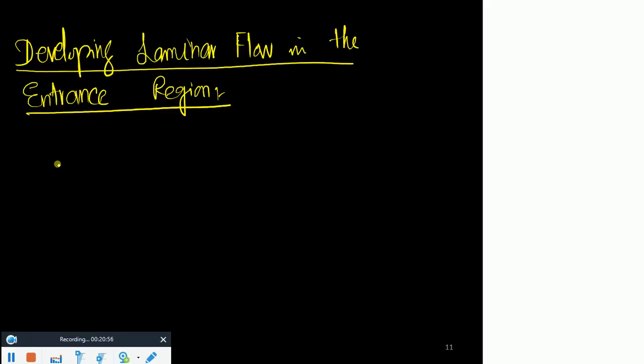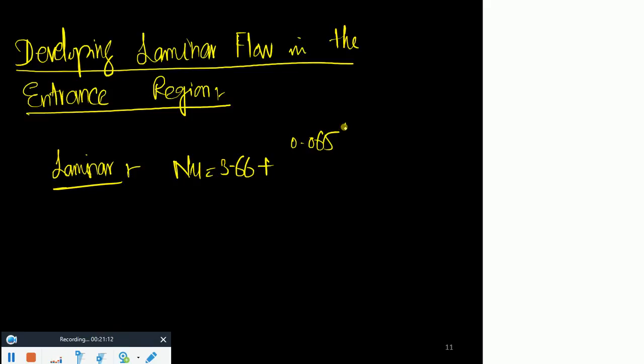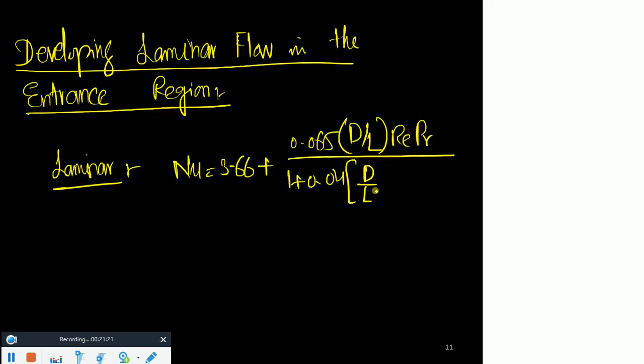In that case, one relationship comes for this flow, that is Nusselt number equals 3.66 plus 0.065 d by L Reynolds number Prandtl number over 1 plus 0.04 d by L Reynolds number Prandtl number raised to power 2 by 3.